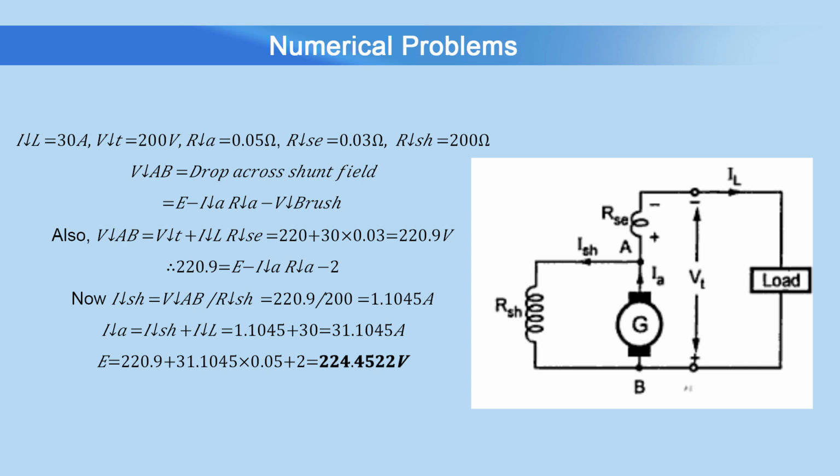By substituting the value of IA in the above equation for finding EA, you will get the value of induced EMF. So the induced EMF will be 224.45 volt. So this value will be induced in the armature of the DC compound generator. Okay, so this induced EMF will be generated in the short shunt DC generator.